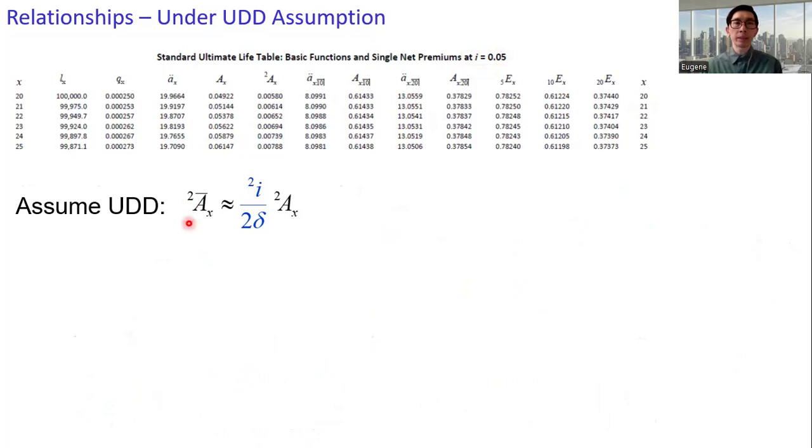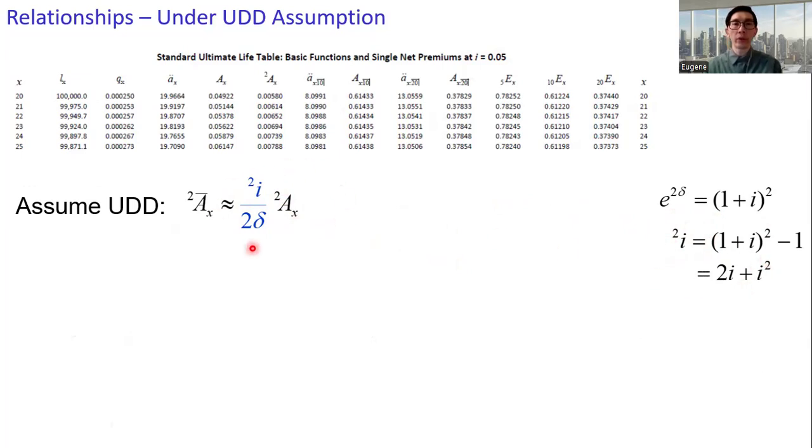That is, the second moment of A bar x is approximately equal to the pre-superscript 2 i, so this is the value of the interest rate i evaluated at the double force of interest, over 2 delta, and then the second moment of A_x. e to the power 2 delta equals 1 plus i squared, and then we can get the pre-superscript 2 i equals this, which equals 2i plus i squared.